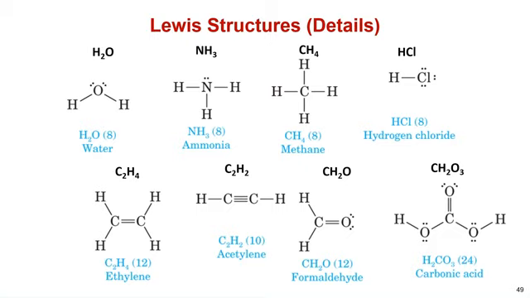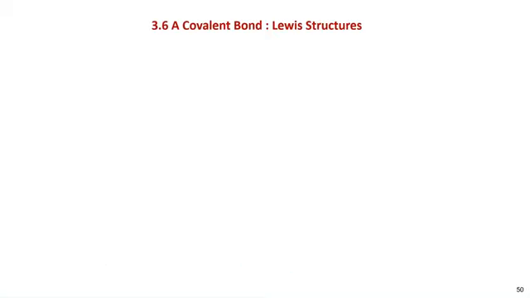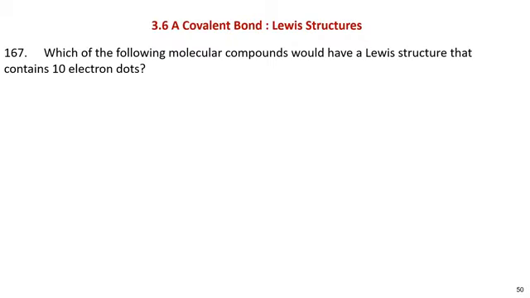Now let's answer some questions about Lewis structure. Which of the following molecular compounds, the same as covalent compounds, would have a Lewis structure that contains 10 electrons? Now you have to count the electrons. How many electrons does HCN have? How do you get that? HCN: hydrogen has 1, carbon has 4, nitrogen has 5.